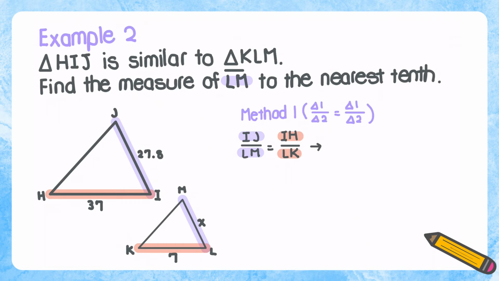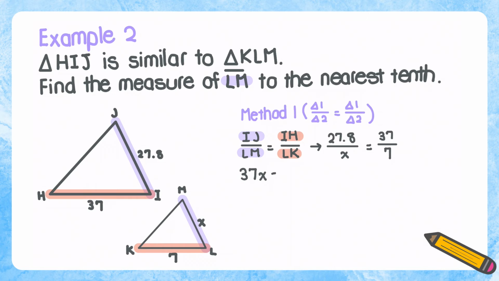So this is probably the most important step to correctly set up your proportion. I have 27.8 over X equals the side length of IH, which is 37, and then over the side length of KL, 7. And to solve for X, we're going to cross multiply.